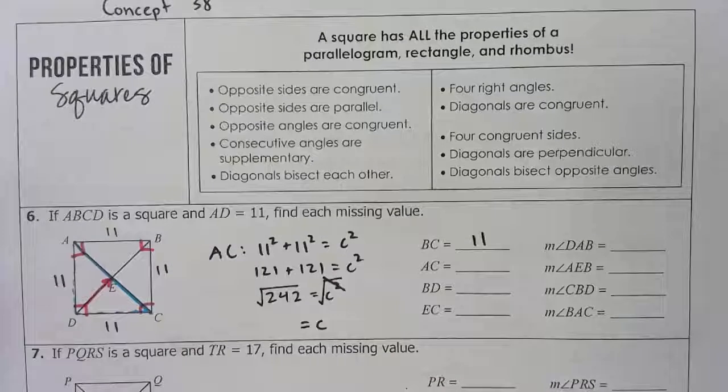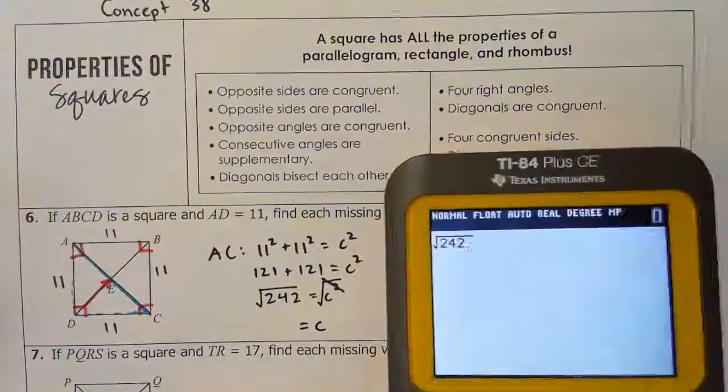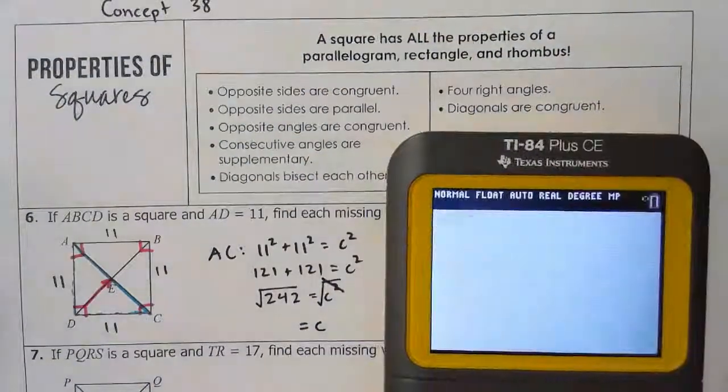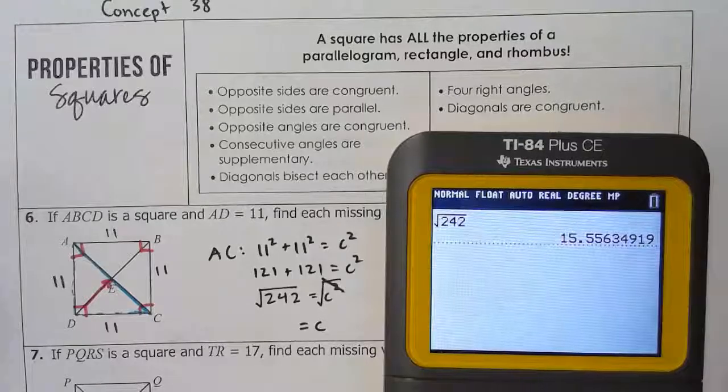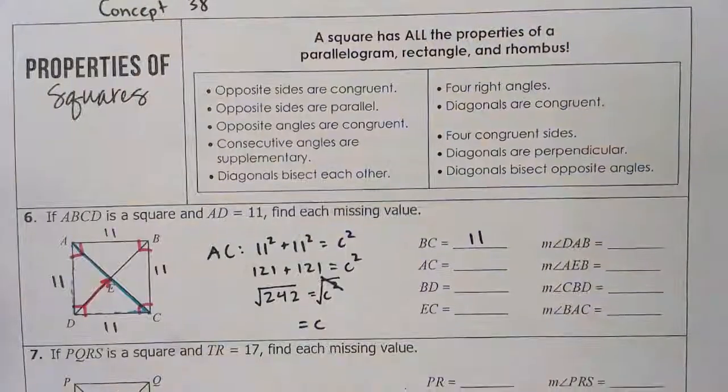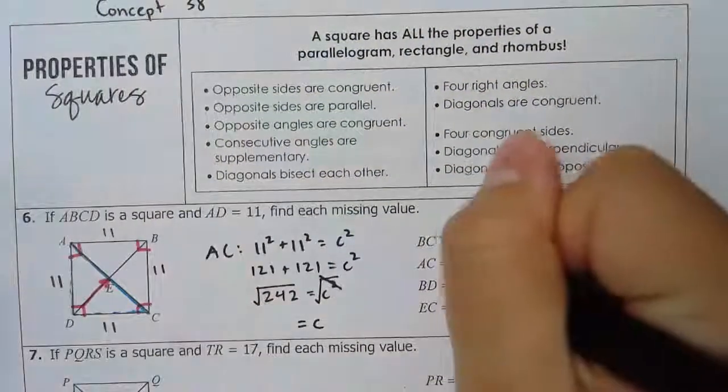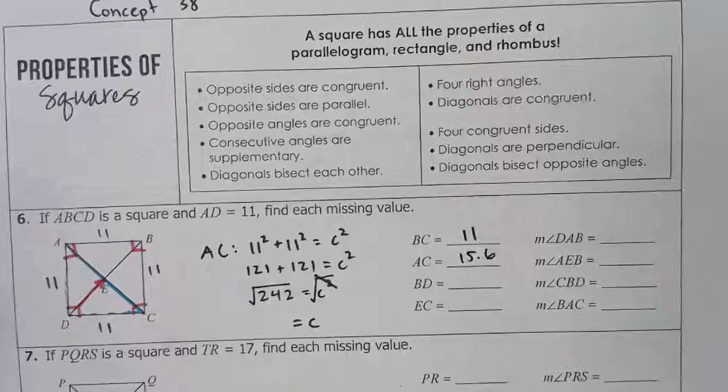So just hang on, let me go get a calculator. So then the square root of 242, you're going to get 15.556, and you want to round, so if I round this I get 15.6, and it's that one.